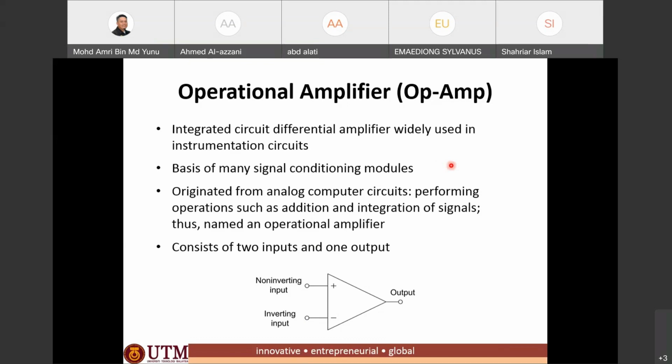It is the basis of many signal conditioning functions or modules. Technically, it consists of two inputs or terminals. One terminal is the non-inverting input, and the second is the inverting input. And then we have a single output. The idea of the operational amplifier has been well developed.